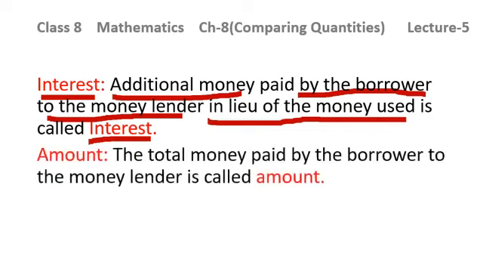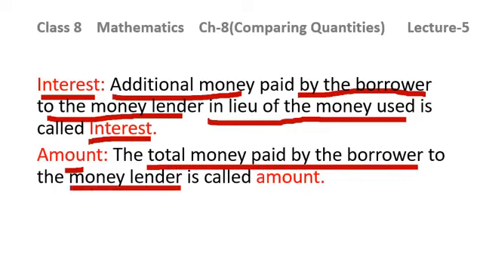Amount. What does amount mean? The total money paid by the borrower to the money lender is called amount. We have talked about three terms here. Principal is the money which is borrowed, lent or invested.